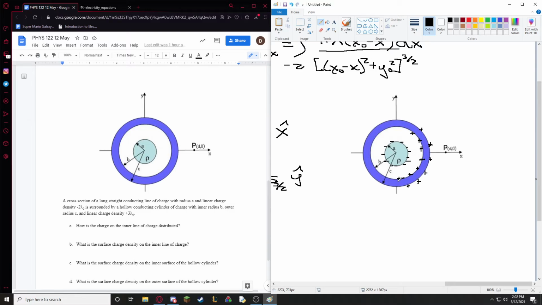I'm talking more related to the charge that's on the inner wire, the inner line of charge. How is this charge on the inner surface of the outer wire going to be related to the charge on the inner wire? They're the same.